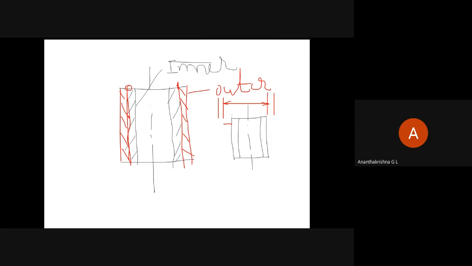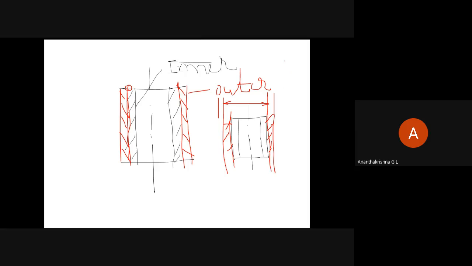Then they heat this outer cylinder and shrink fit it onto the inner cylinder like this. Then what you get is a compound cylinder. Could you understand how a compound cylinder is produced? Yes, sir.